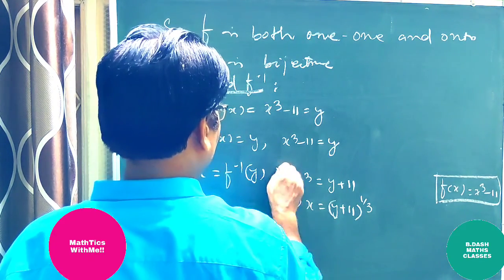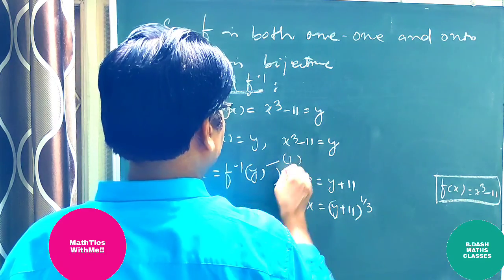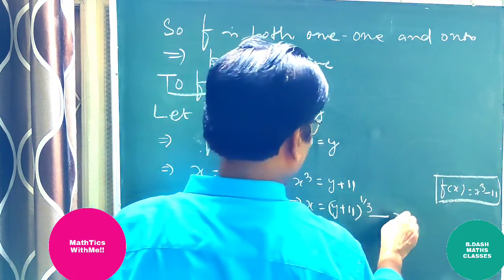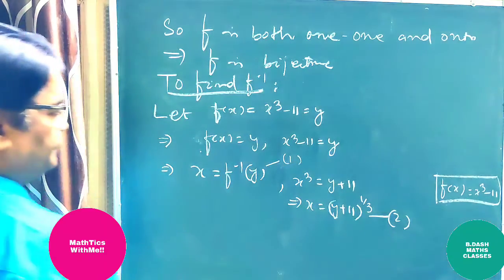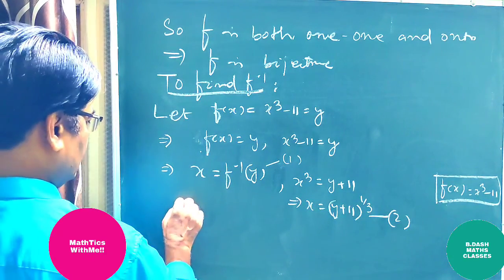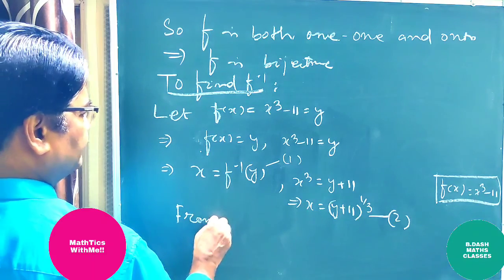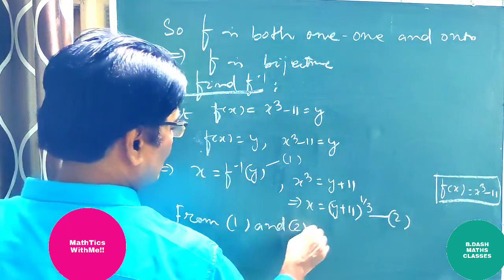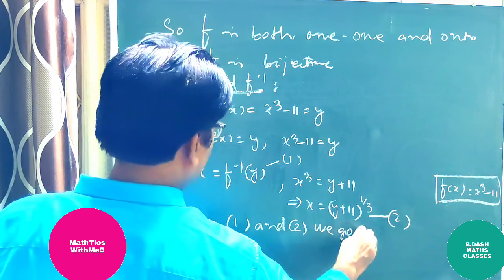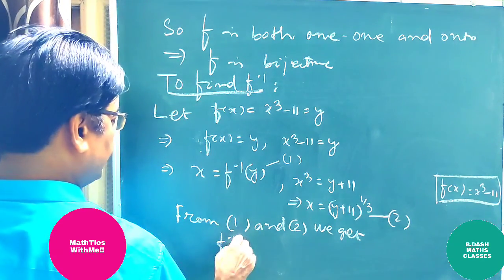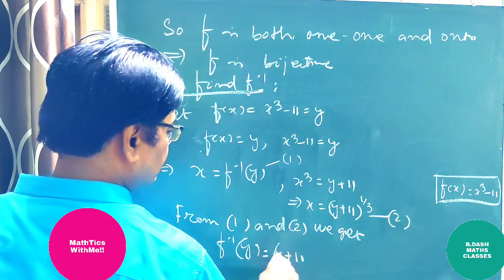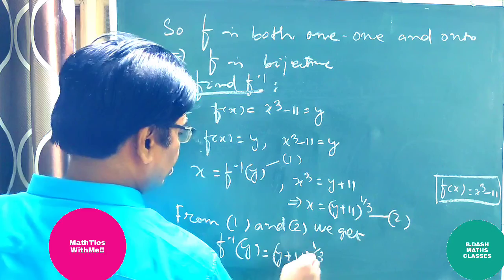So let us take this is equation 1 and this is equation 2. From 1 and 2 we get f inverse y is equal to (y plus 11) to the power 1 by 3.